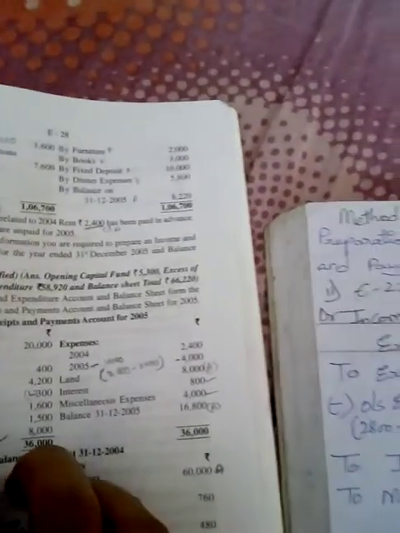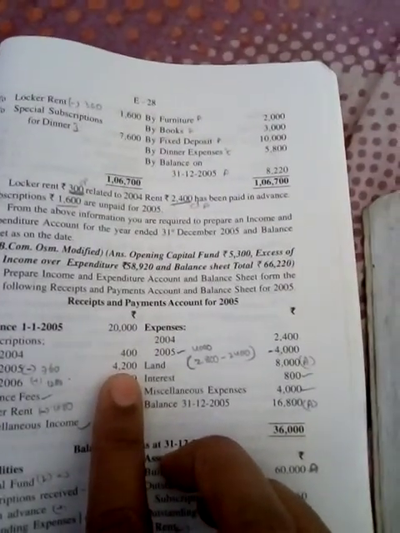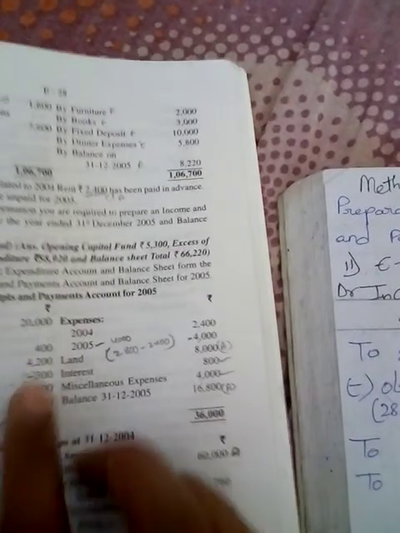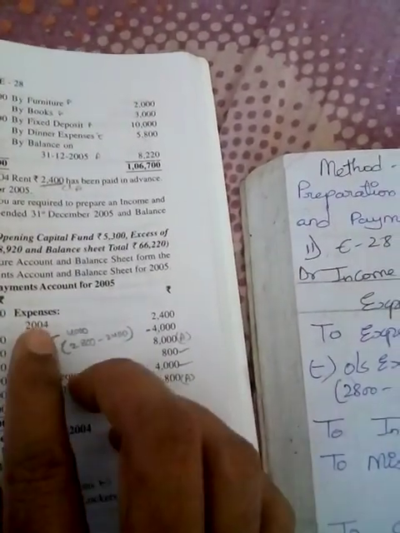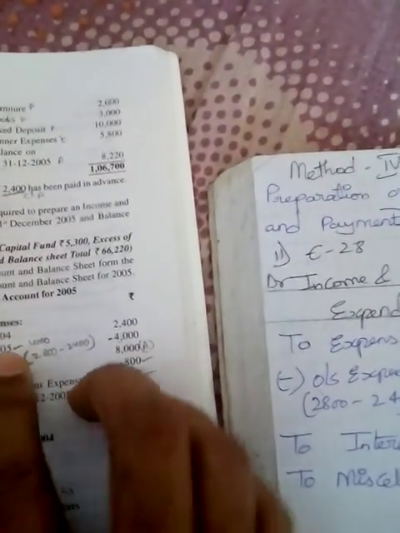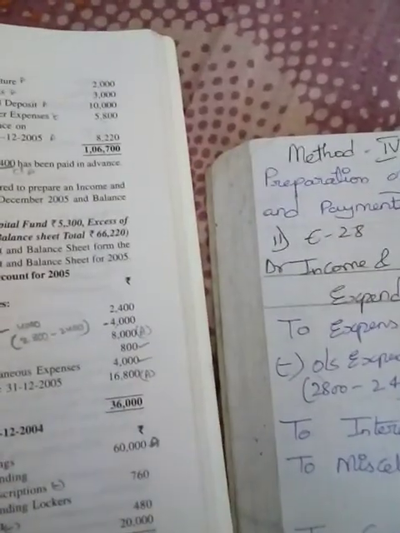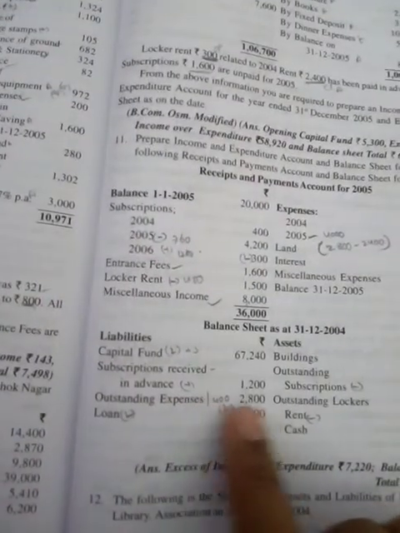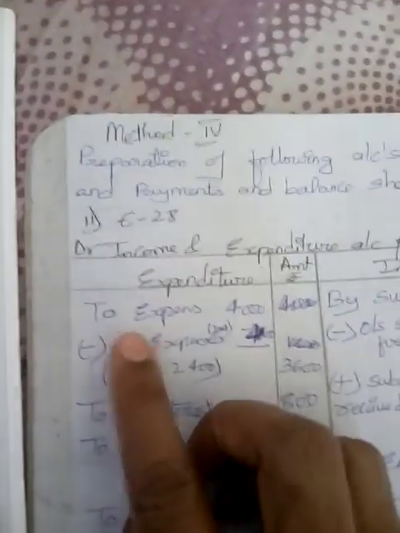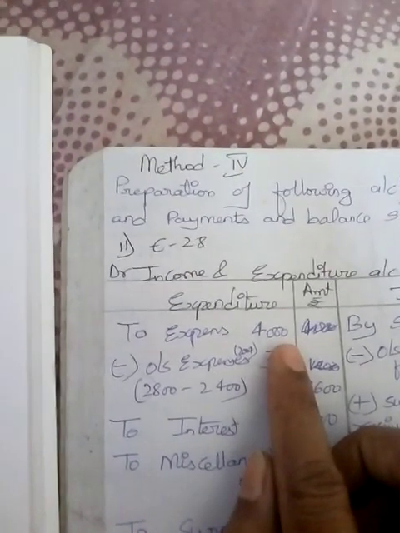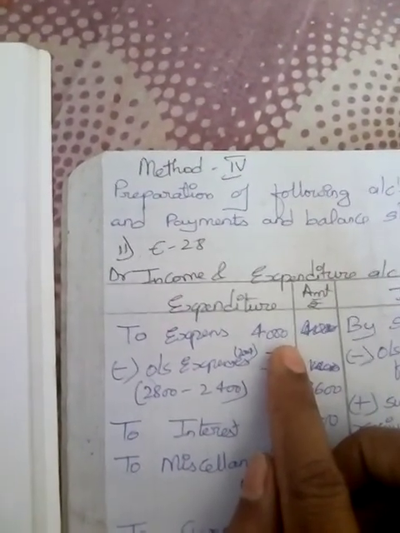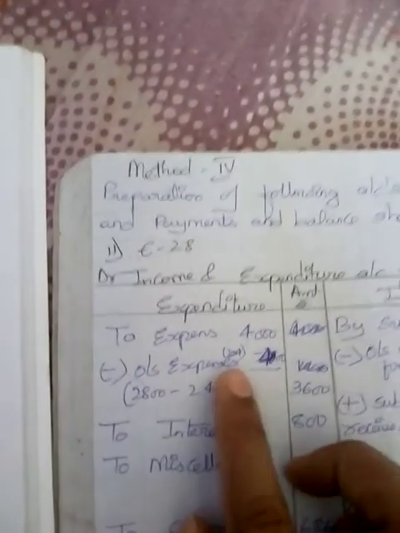In the problem, the expenses for 2005 are given as 4,000, but here the outstanding expenses are 2,800. So we have two figures on the expenses side: 2005 expenses 4,000 minus outstanding expenses.